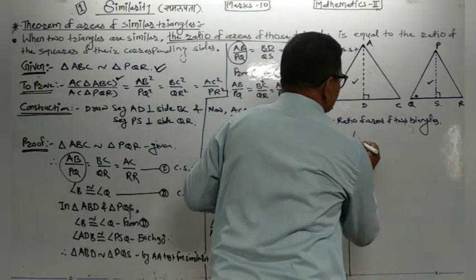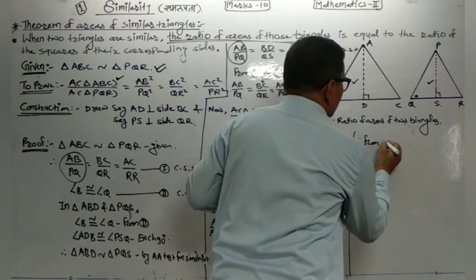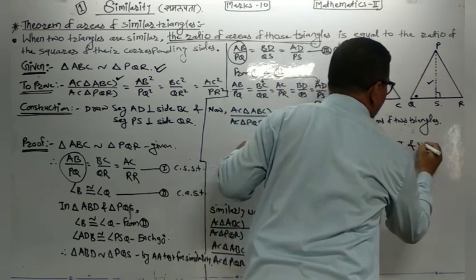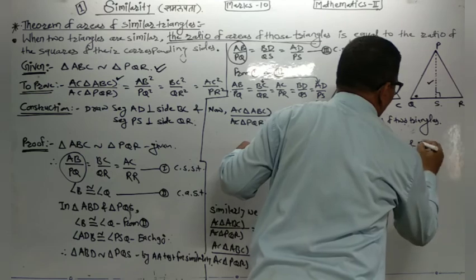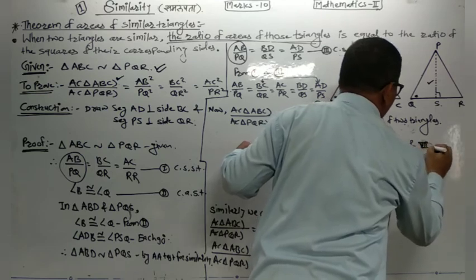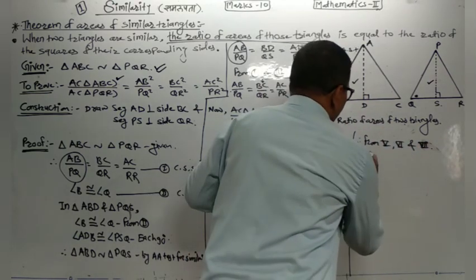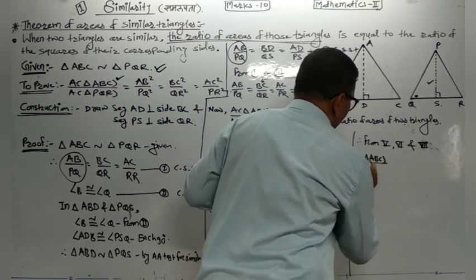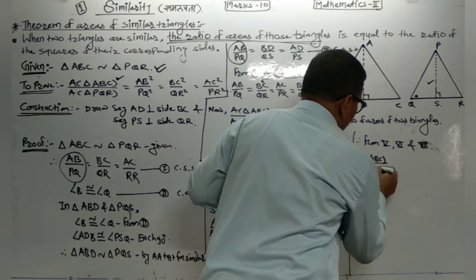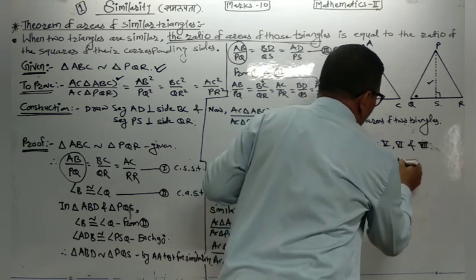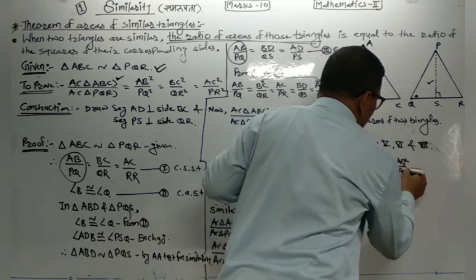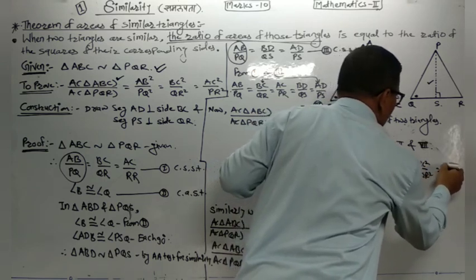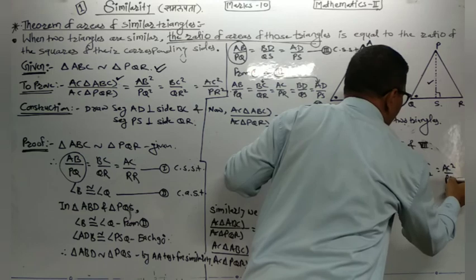From 5, 6 and 7 we say that area of triangle ABC divided by area of triangle PQR equals AB square by PQ square, equals BC square by QR square, equals AC square divided by PR square.